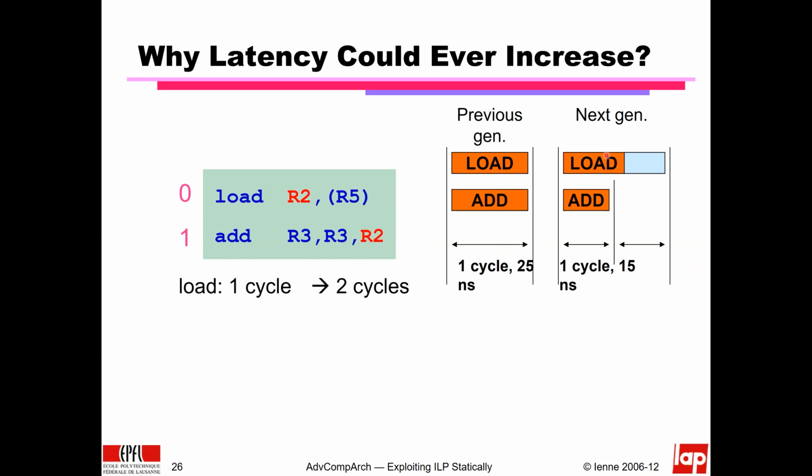Does it happen? Is it realistic to think that this may happen? Yes. If you go and try to find on Wikipedia some statistics about how long a load takes, or what is the latency of the level 1 cache of modern processors, it's very often 1 or 2 cycles.